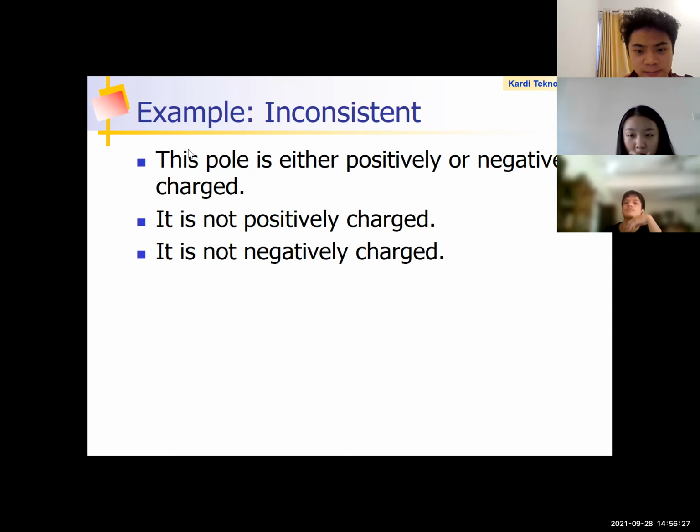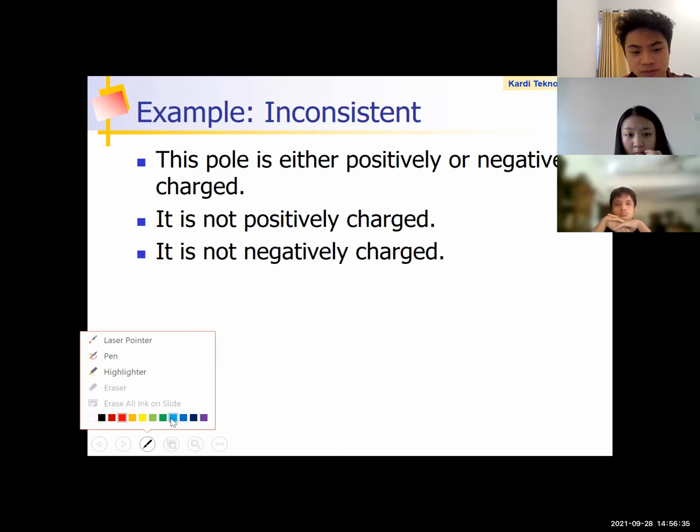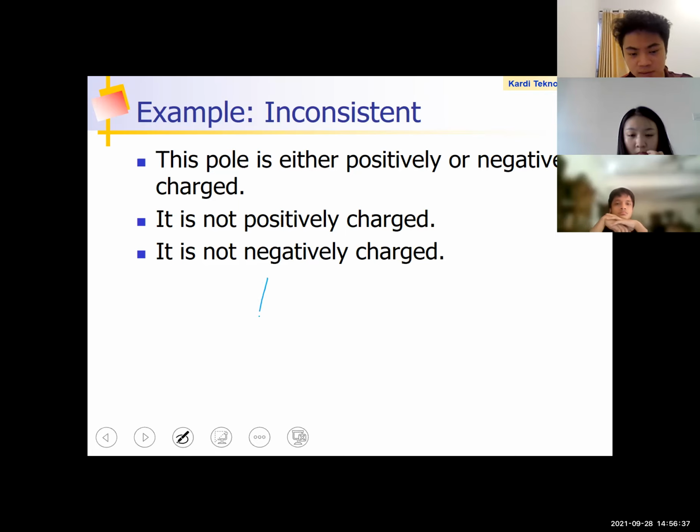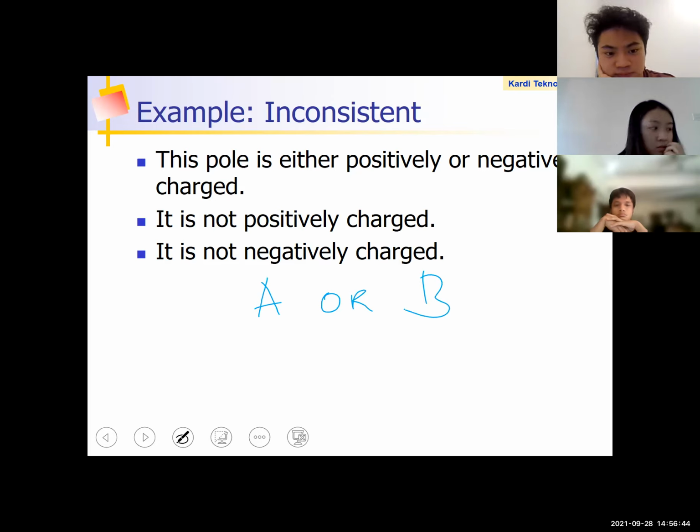When you said or, say A or B. If A is true, so this is positive, right? And then this is negative, right?